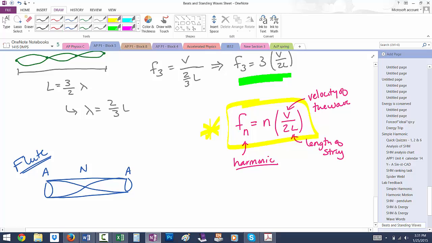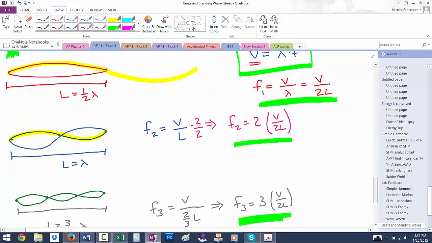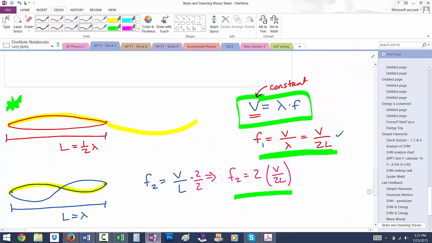And if we look carefully, we go from a crest here to a trough there, and very similar to the string, the length of the tube is equal to 1/2 lambda, or we can say that lambda is equal to 2L. And when we use our equation from above, F is equal to V over lambda, that means that F1 is equal to V over 2L. That probably looks kind of familiar if we refer back up here. Oh wait, it's V over 2L.